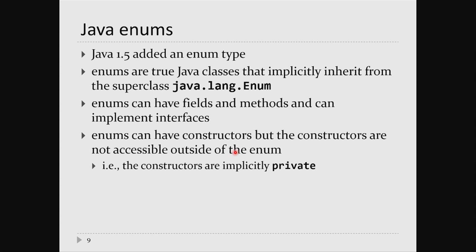Okay, I guess it's Java 1.5 where we got enumerations. So Java 1.5, that's version 5 of the language, added an enumerated type. Enumerations now become what are called first-class classes, so they actually become proper classes.